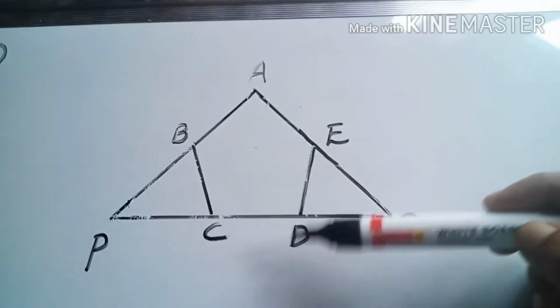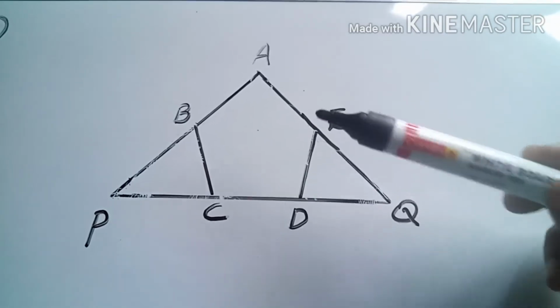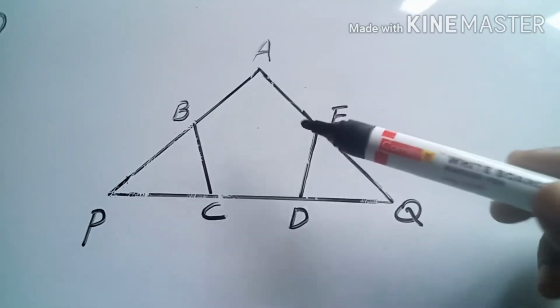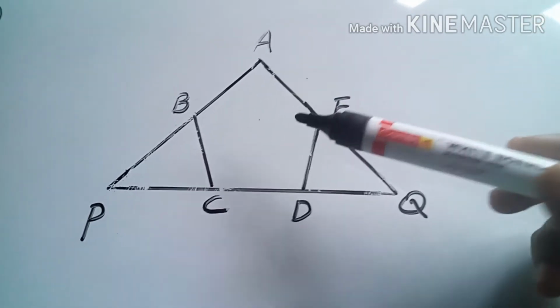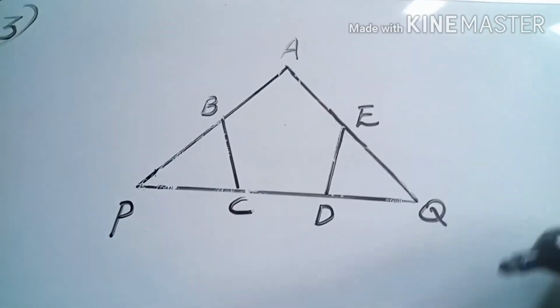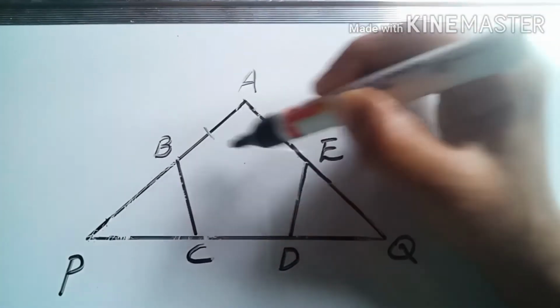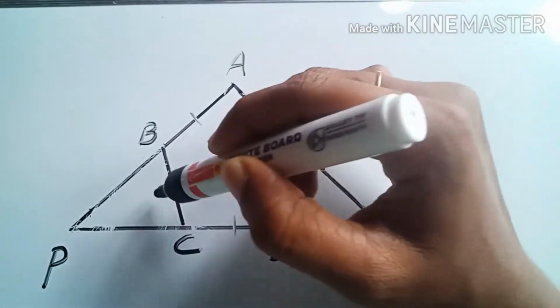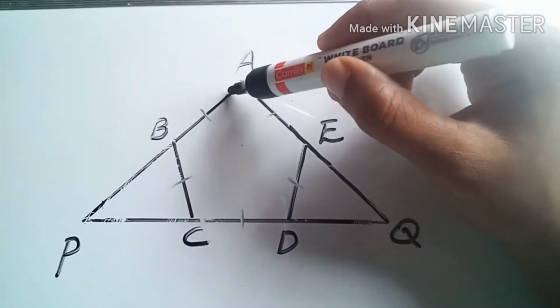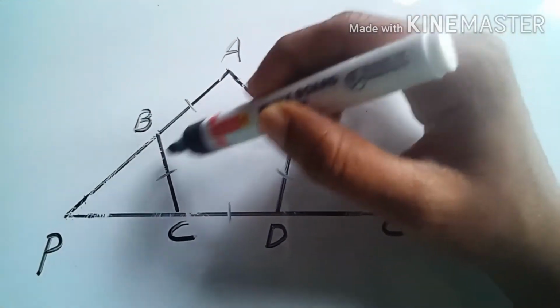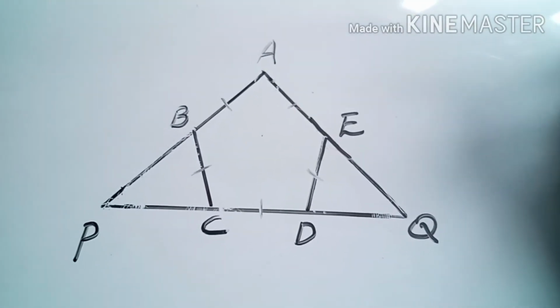This is the pentagon, and the speciality of this pentagon is all the sides are equal and all the angles are also equal. That is given in the question. All these 5 sides are of equal length, and all these angles are also equal.